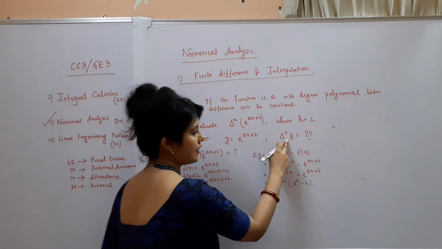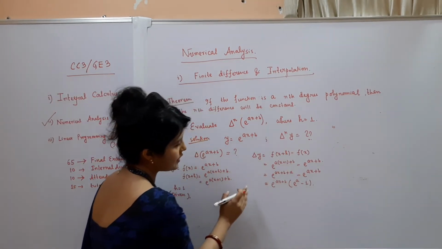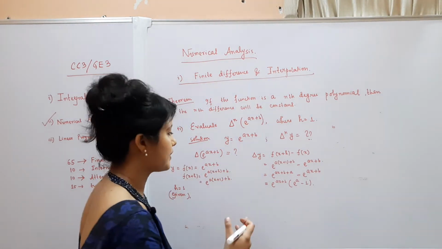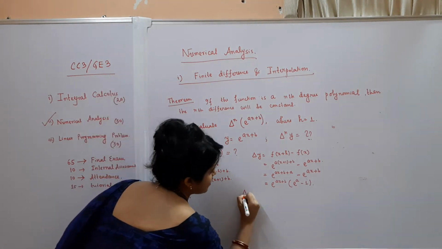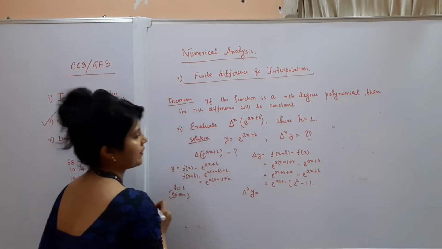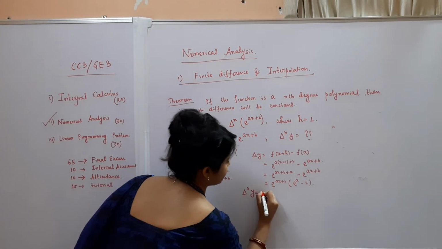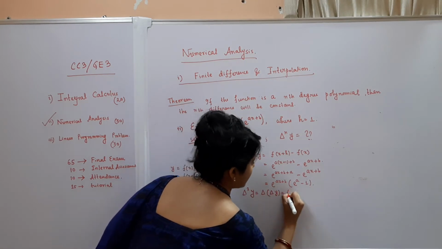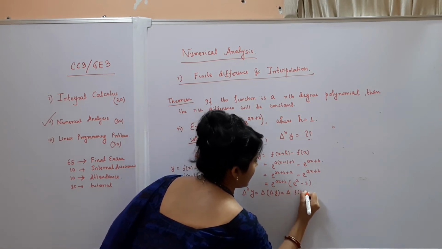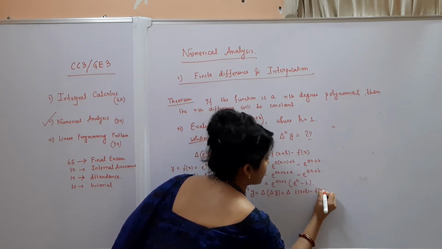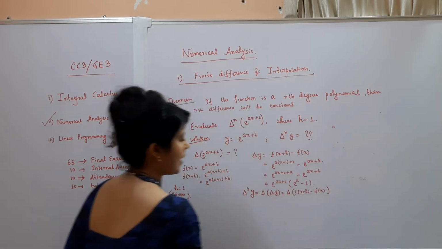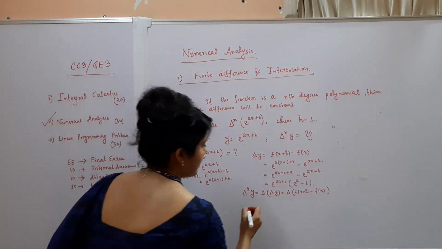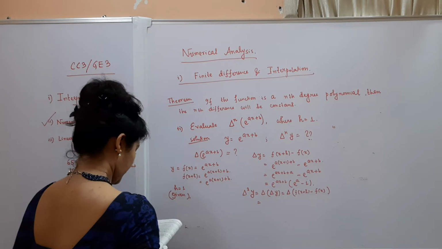So you have to find the nth order. So just compute the second order, because we need to know the pattern of the difference. Okay. So delta square y. Delta square y means delta of delta y, that means delta of f of x plus h minus f of x.